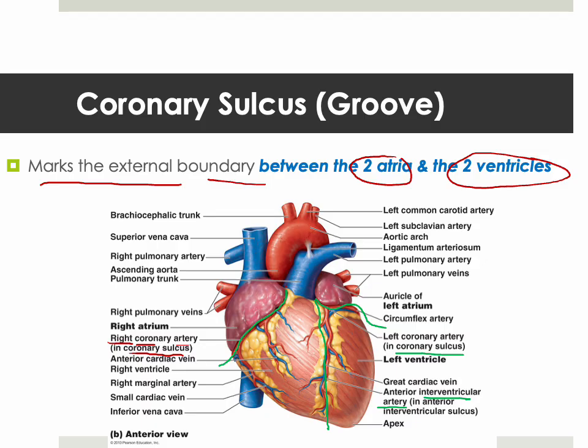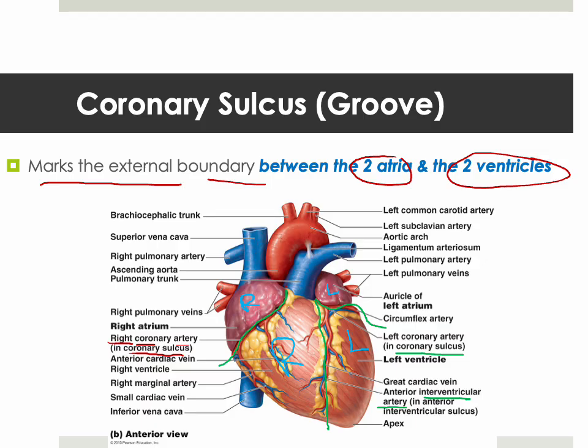So let's remember our chambers again and use another color. So I have right ventricle, left ventricle, right atrium, left atrium, okay?